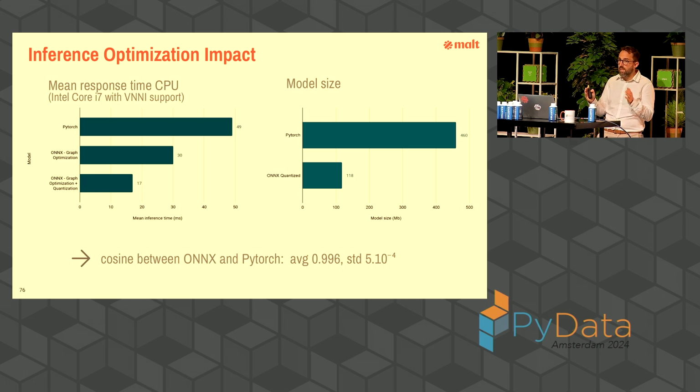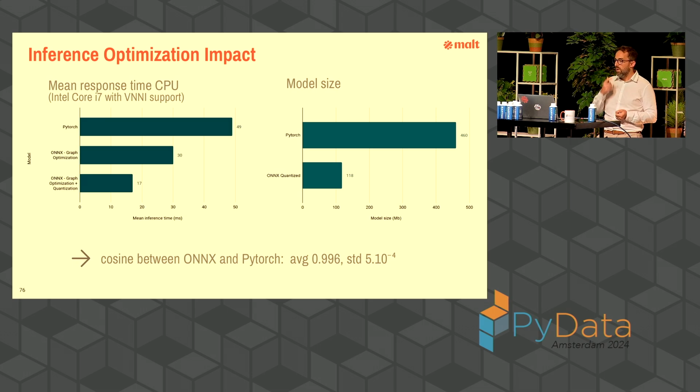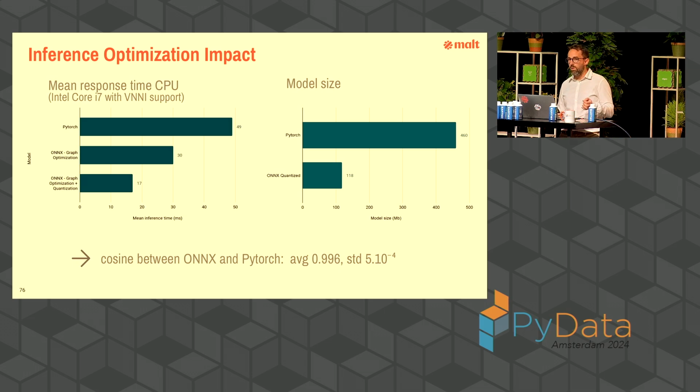So that's on increasing the inference performance. But what about the precision? If you look at the bottom, we checked that by comparing the cosine similarities between ONNX and PyTorch, and we see that the differences are really small. And to be honest, the approximation introduced by the ANN is going to be way higher than the approximation we are introducing here.